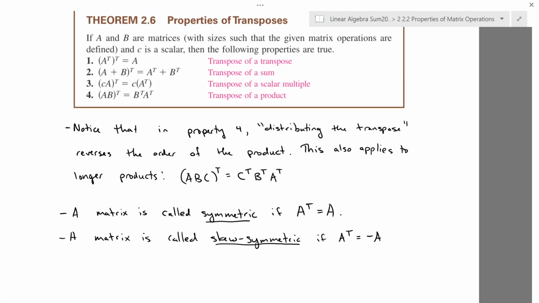At the bottom of this page, we have two special kinds of matrices called symmetric and skew symmetric. The definition of a symmetric matrix is one where A transpose is equal to A, and a skew symmetric matrix is one where A transpose is equal to minus A. Because it's defined this way, in both cases A has to be a square matrix.